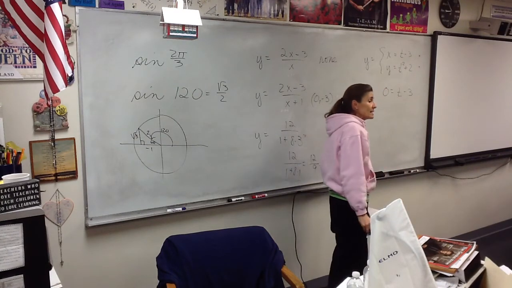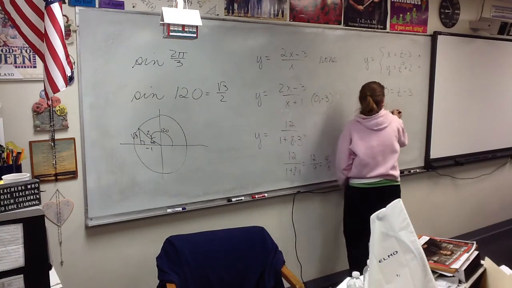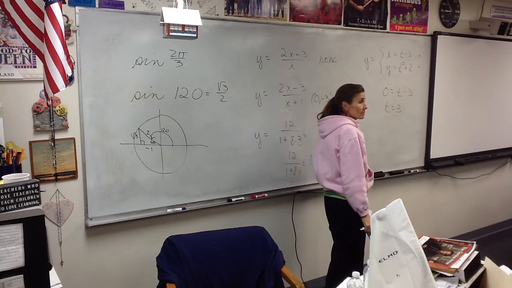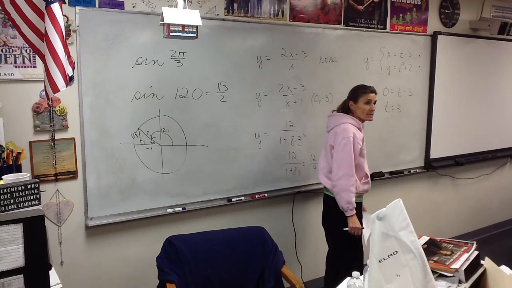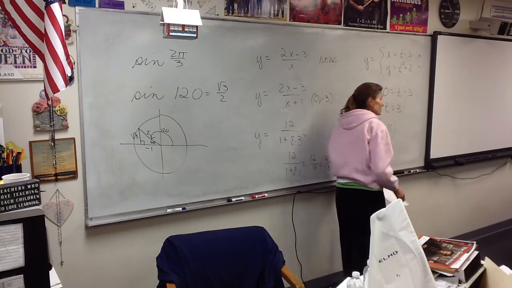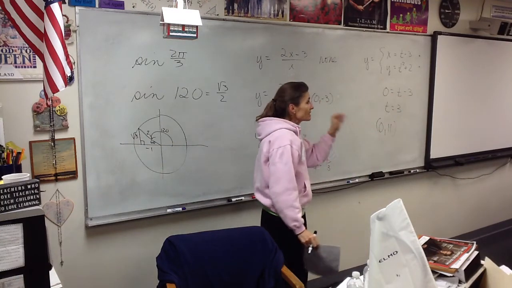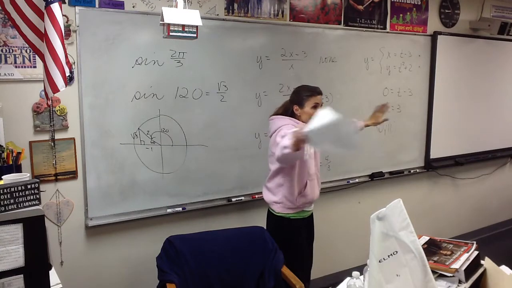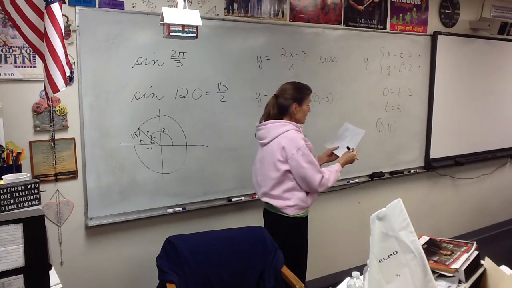What does that tell me? T equals 3. If t equals 3, what's y? 11. What's your y-intercept? 0, 11. That's your y-intercept. Kids, I cannot say it enough. To find the y-intercept, you let x be 0. Regardless, you let x be 0.